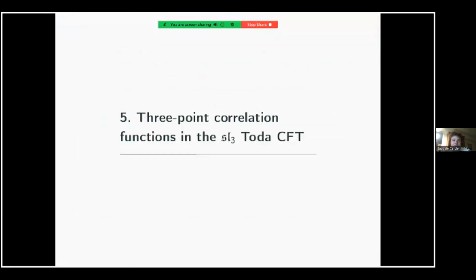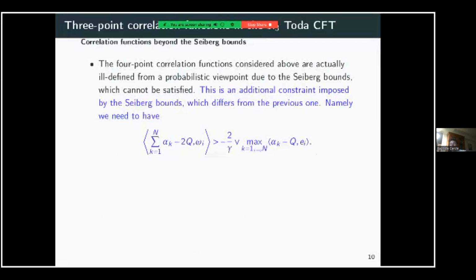Okay, so the last point is another issue that I did not mention before, which is that the 4-point correlation functions studied in the Ward identities may not actually make sense from a probabilistic viewpoint. We've seen how to remove the first constraint of the Seiberg bounds on alpha.